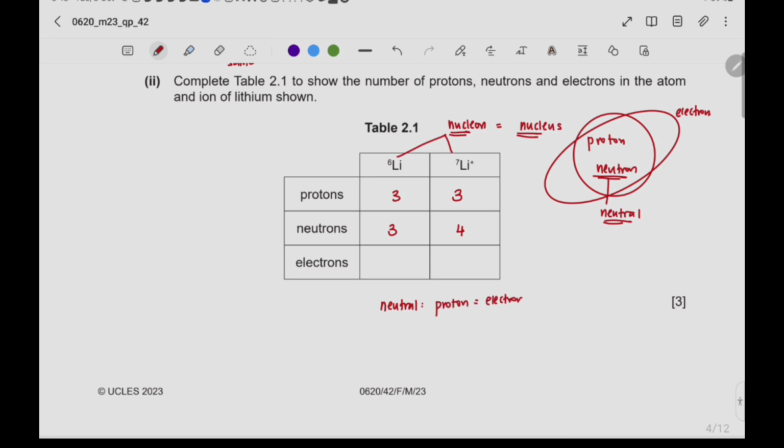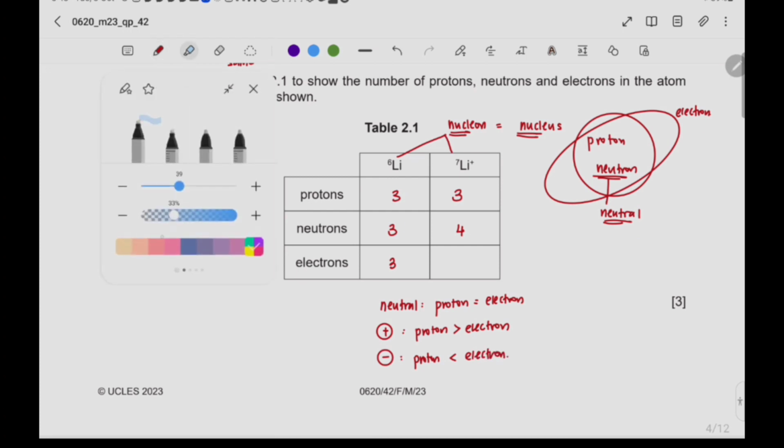This is for atoms, so you can see this is the same 3. Whenever you are positive, it means that your proton is more than your electron. When you're negative, proton is less than your electron.